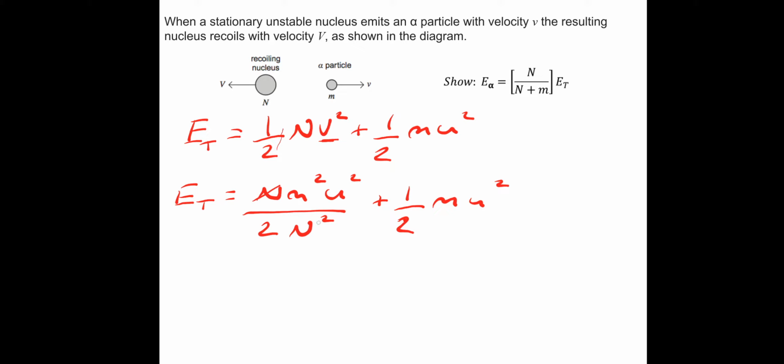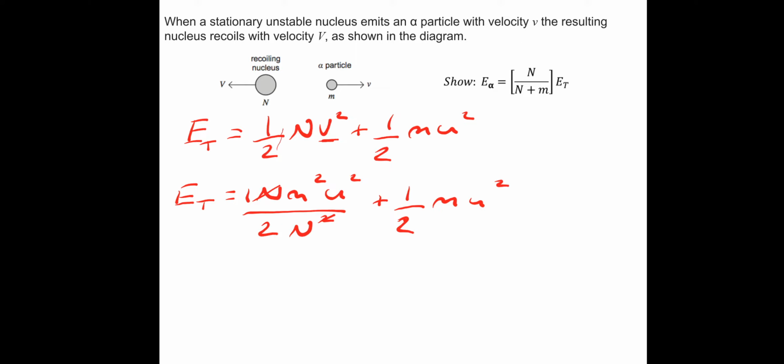So on this side, this n cancels. So we're left with m squared u squared over 2n. What you've got to notice is that, well, that's a half. So we've got a half m u squared on this left-hand side. We've just got the m extra to give the m squared and the n on the bottom. So that is actually equal to this half m u squared, which is the kinetic energy of the alpha particle, the same expression as what's on the right-hand side.